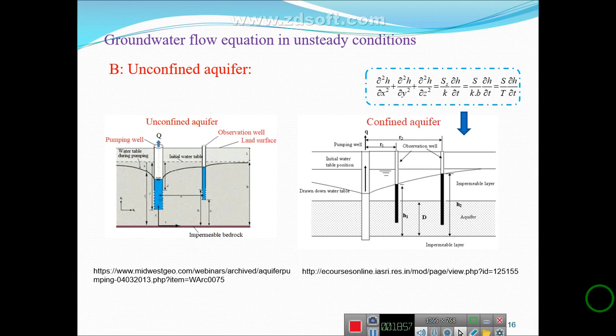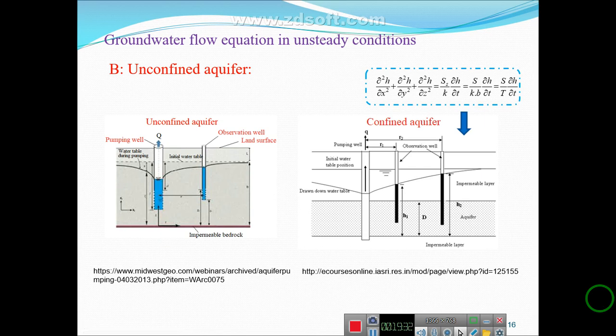As you know, in a confined aquifer, if the hydraulic head decreases, the saturated thickness of the aquifer remains constant, but as the figure in the left side shows, in an unconfined aquifer, the saturated thickness of the aquifer changes with time.